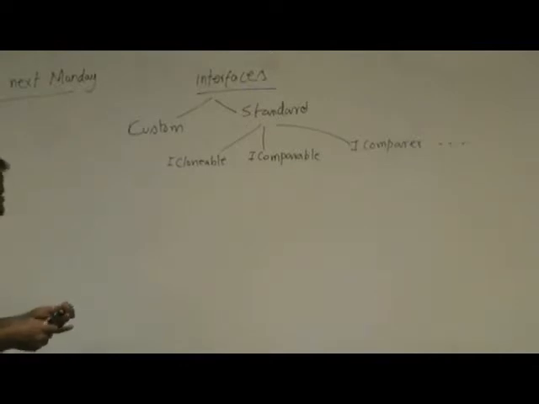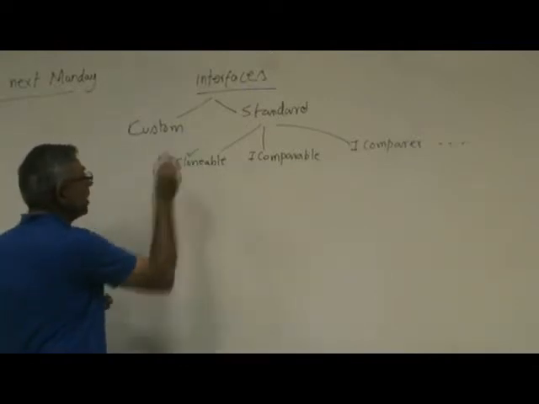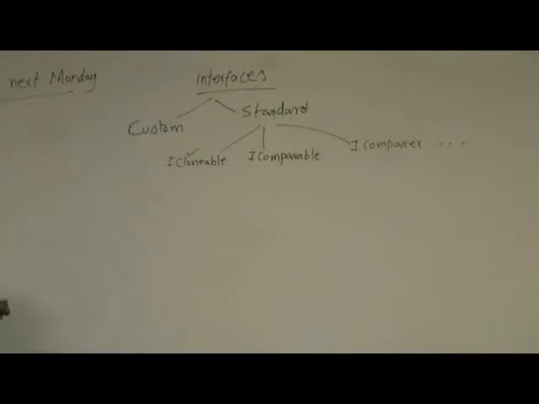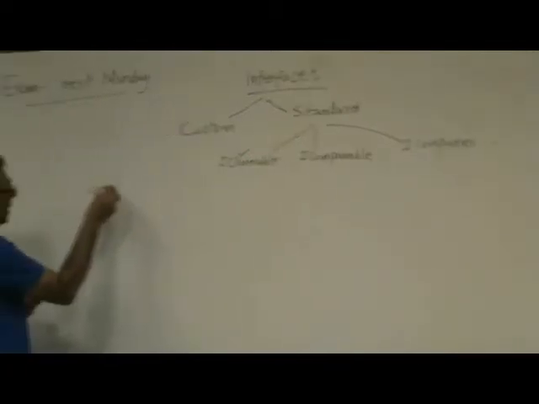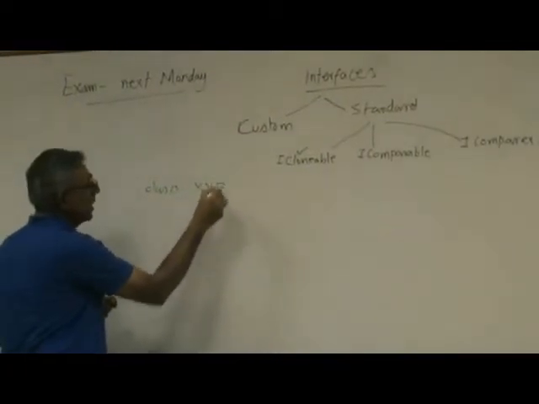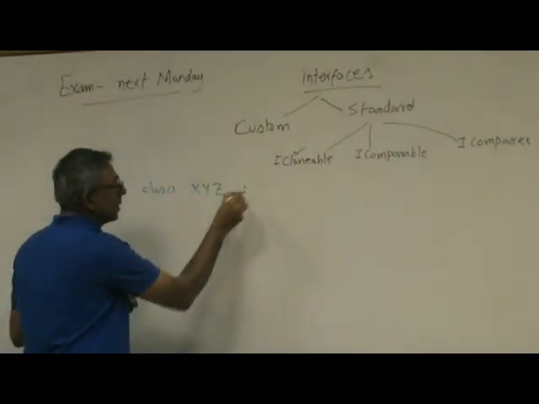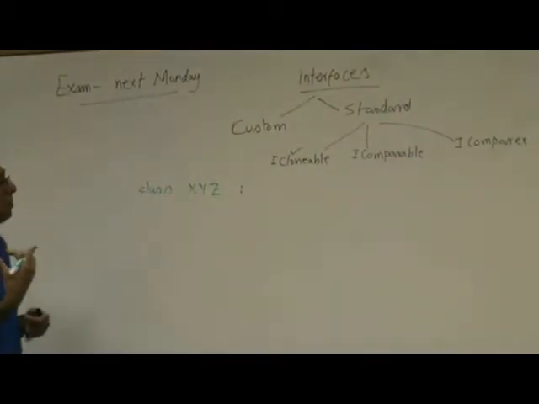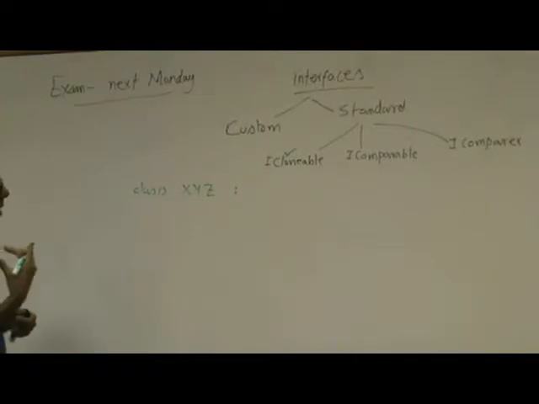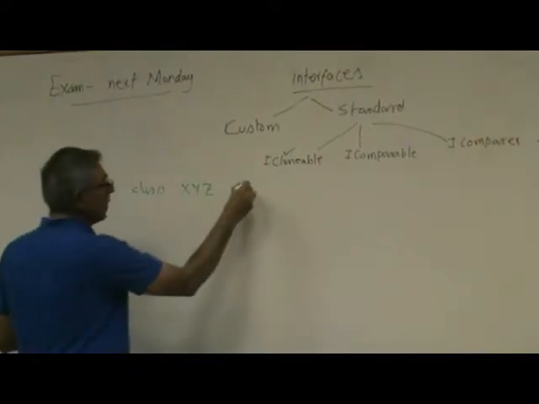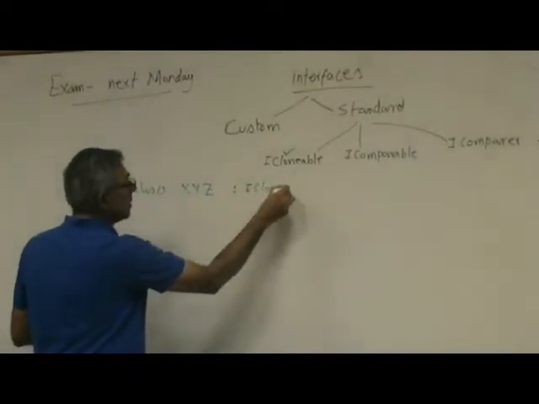So last time we looked at IClonable, and you guys saw that anytime you create a class, let's say XYZ, if you wanted to be able to make an in-memory copy of this particular class object, then you will implement IClonable, right?